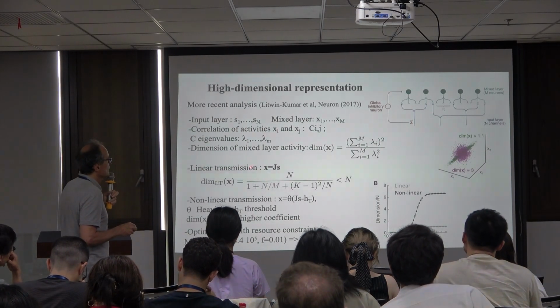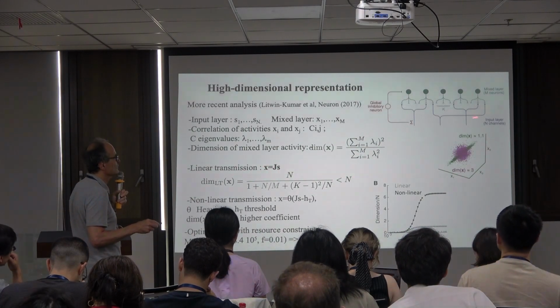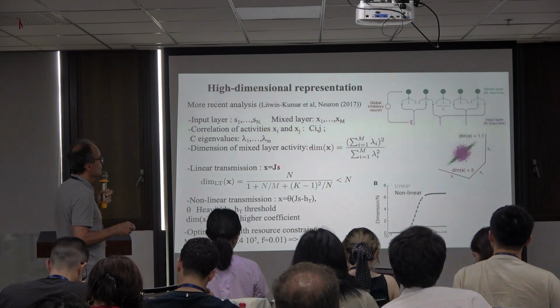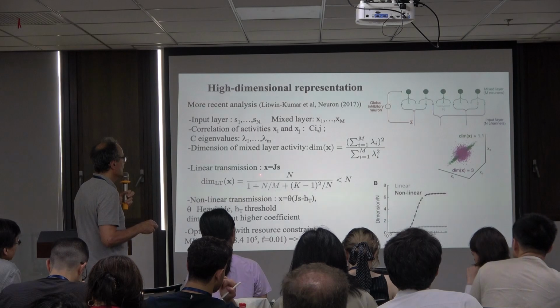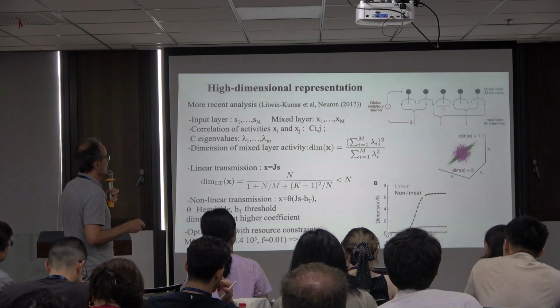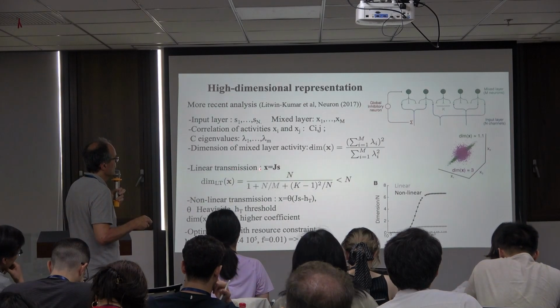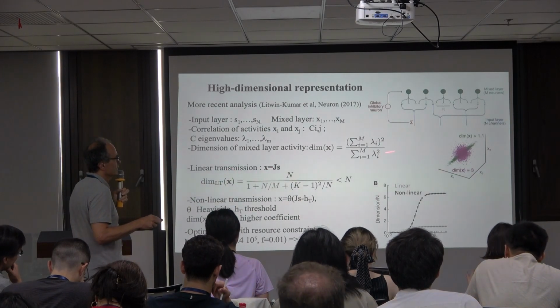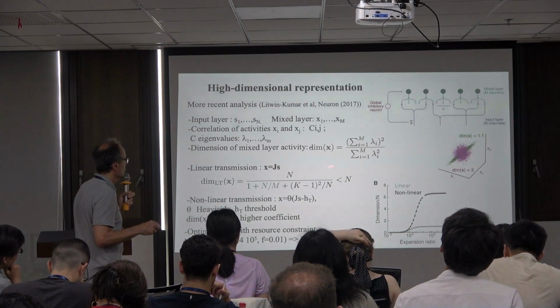So now you can look at the case of linear transmission. So you have here the sensory input. Each X is just a linear combination of this input, and since it's a linear thing, and here in the simplest calculation you can take synapses that are all the same weight.